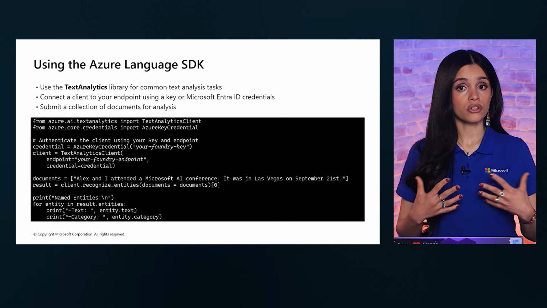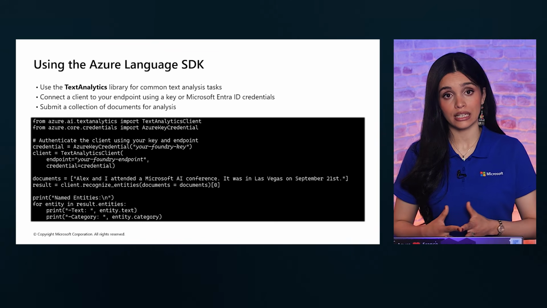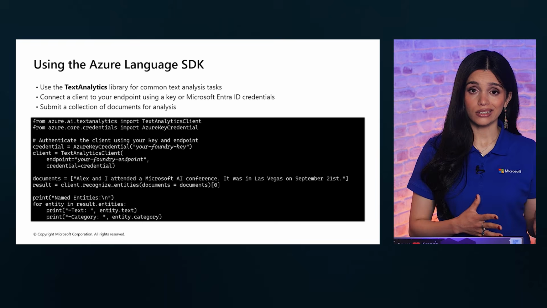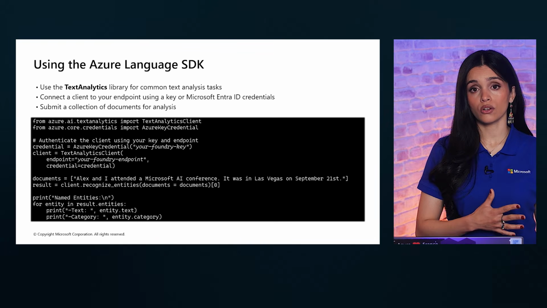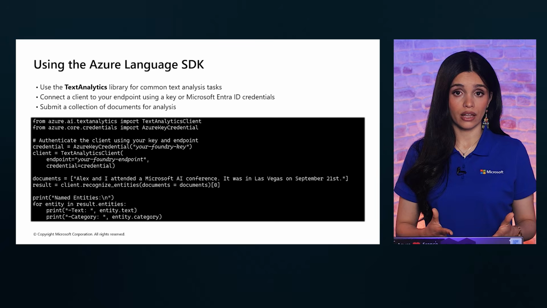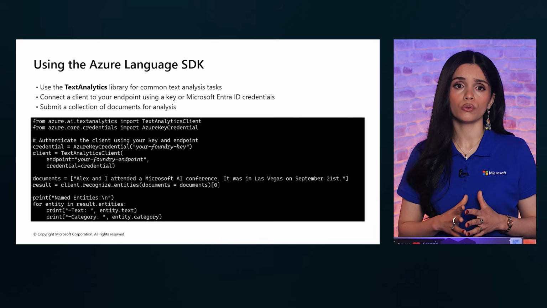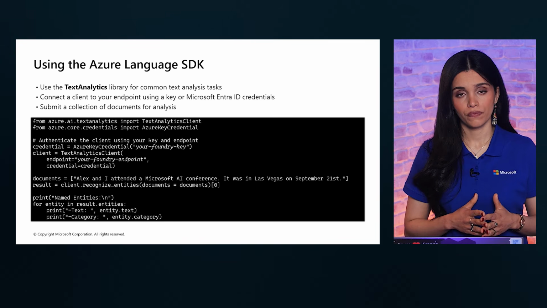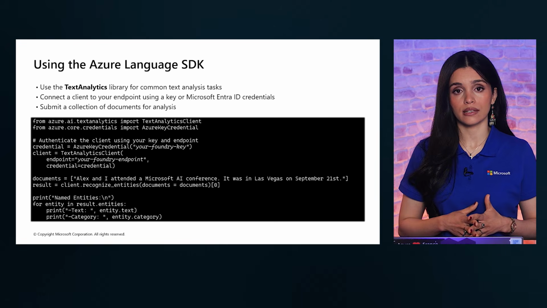Now let's look at the second way client applications perform text analysis in Foundry, using the Azure Language SDK. Now let's walk through this code on the slide together and understand what is happening without diving into low-level details. At the top, the application imports two key classes.